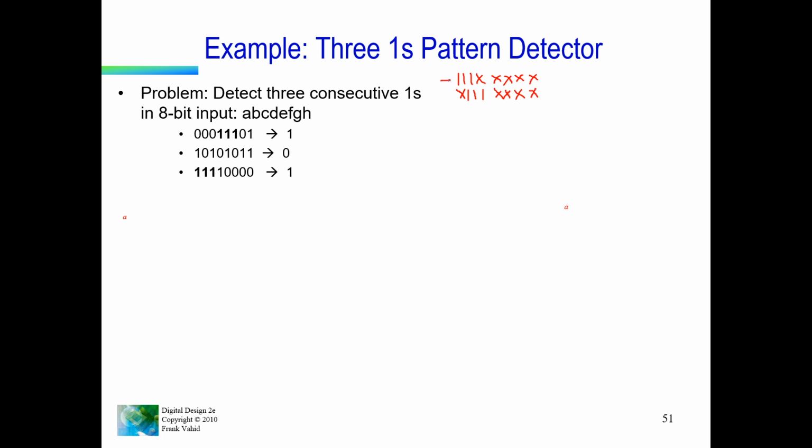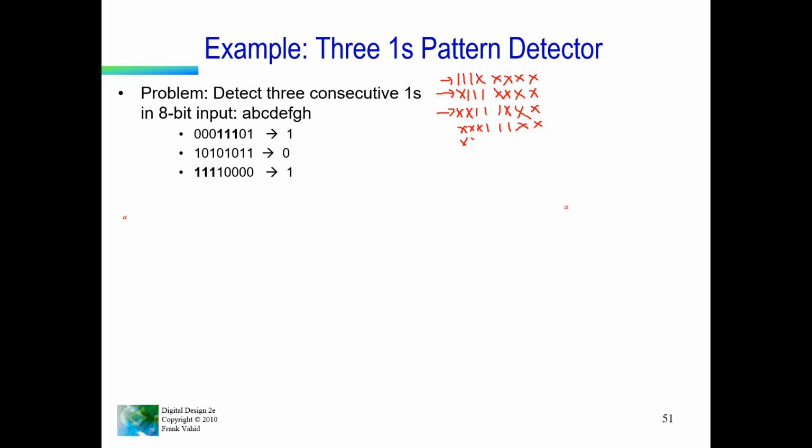So I am writing down the cases when the output must be 1. The other combination that results in a 1 is like that. Sorry for my bad handwriting. And the other is I put 3 X's here and then 3 consecutive ones. So I think you get the idea.